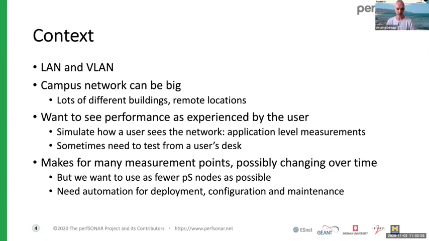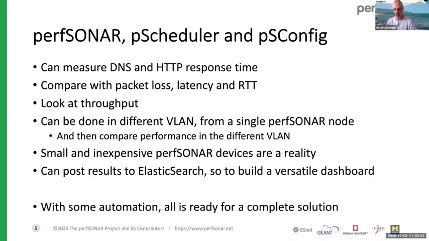And thanks to the latest developments in perfSONAR in the last years, we now have, for example, DNS and HTTP response time available to us by using perfSONAR. And another interesting new feature of perfSONAR is the support of VLANs, or the support of Linux namespaces or Linux VRF, that allows you to have a single perfSONAR node doing measurements in different VLANs.